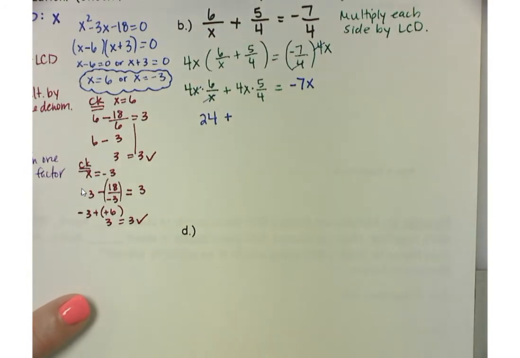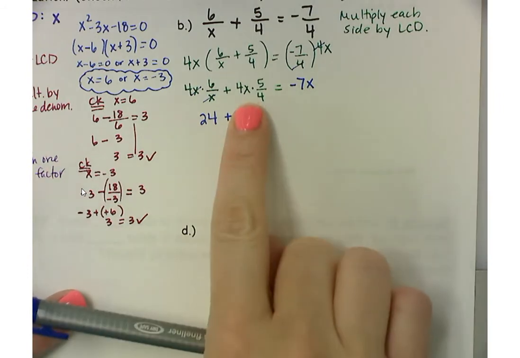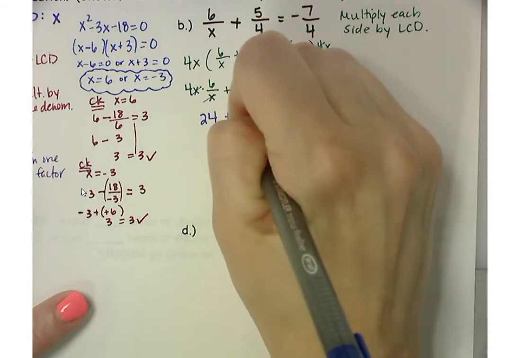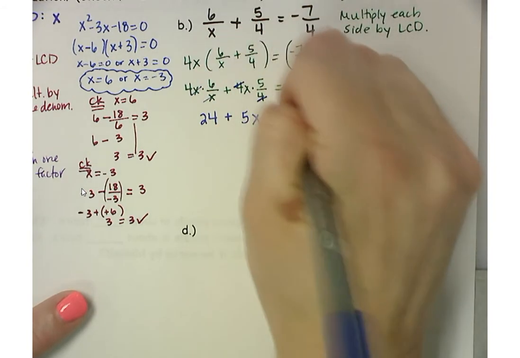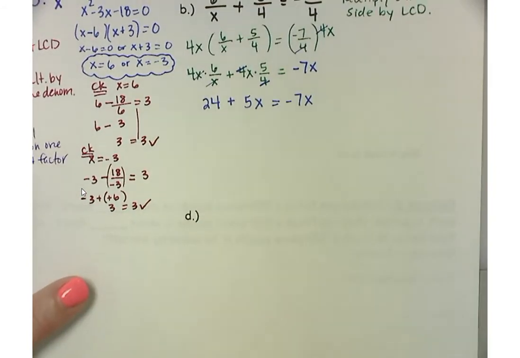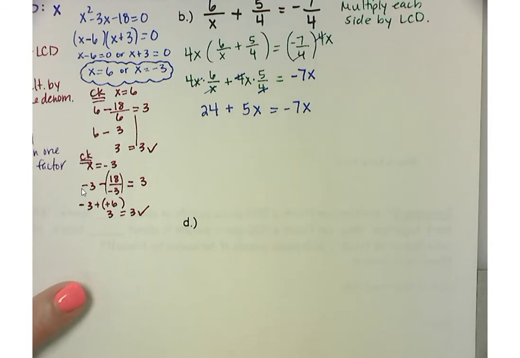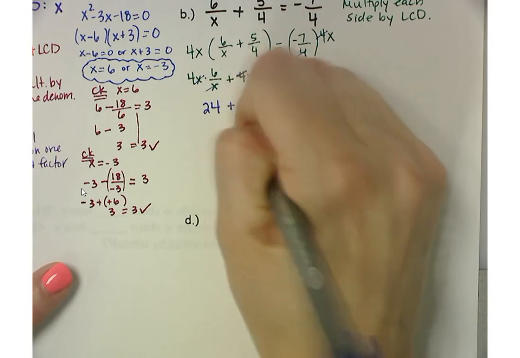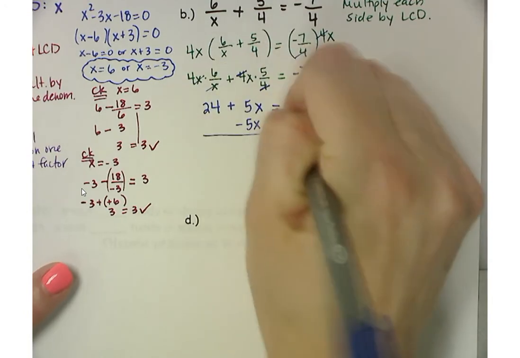And then from here, you just have a two-step algebra equation. So you're going to get all of your x's on one side to get negative 12x equals 24. Divide both sides by negative 12. So x is going to be negative 2.